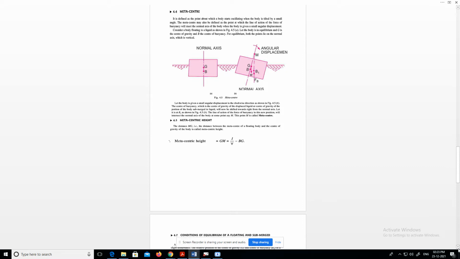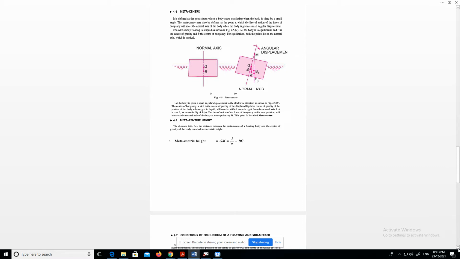In both cases we have equilibrium conditions: stable equilibrium, unstable equilibrium, and neutral. So these three conditions exist. First of all, we would like to know them one by one.